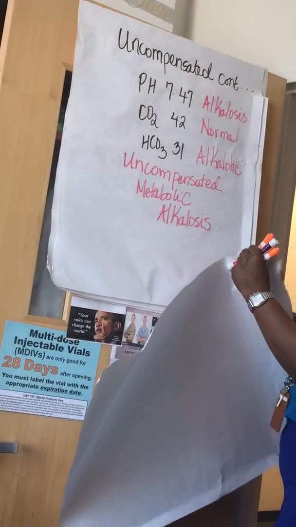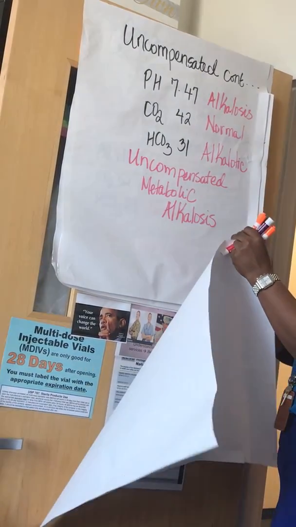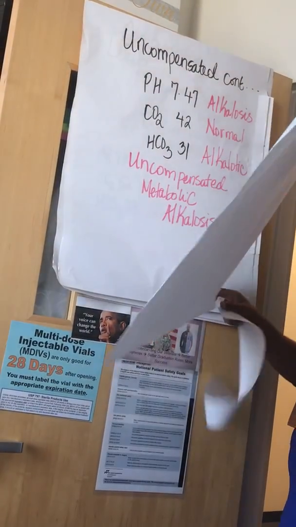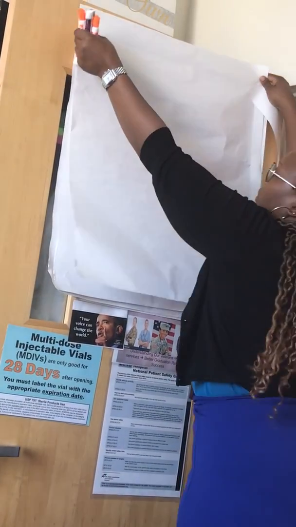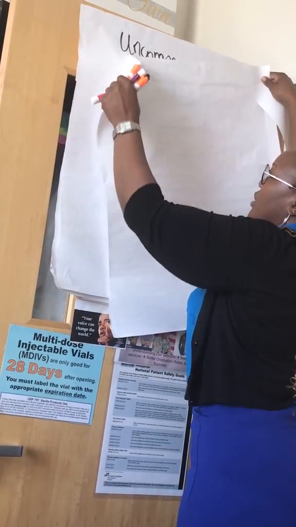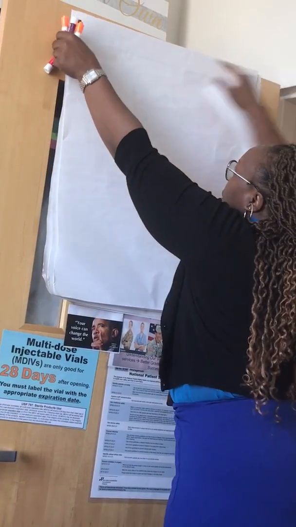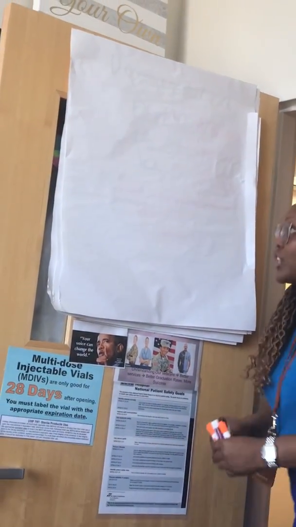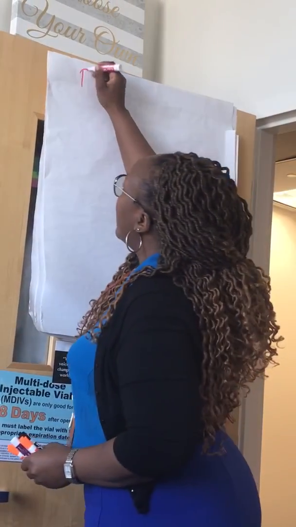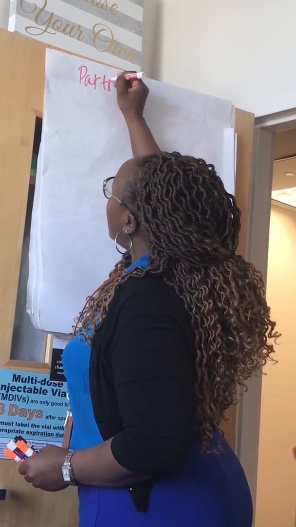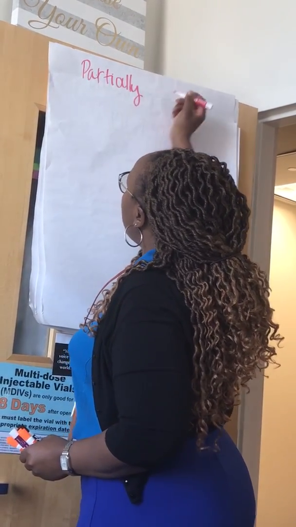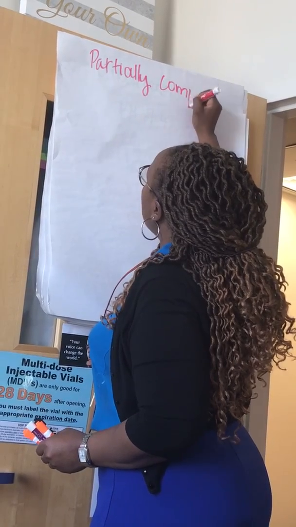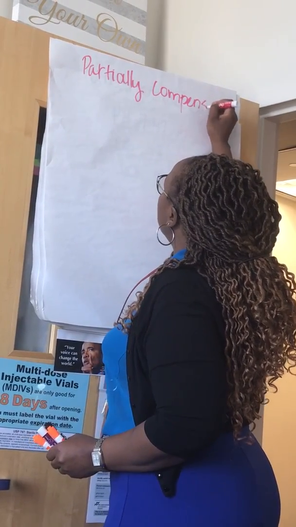So the next step that we are going to have now is partially compensated. So when an ABG is partially compensated, it means that the buffers are working, but the pH has not gone back to the normal range.